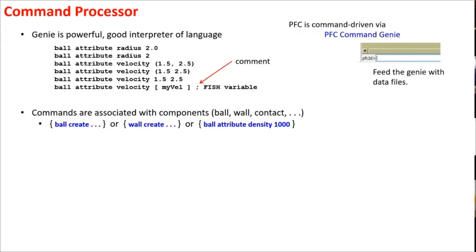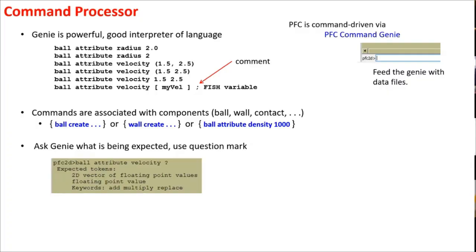We've mentioned this before. The commands are associated with the PFC objects. And this is a useful one. You can ask the command processor what it's expecting. So I can say ball attribute velocity question mark, and it's saying, oh, I'm expecting you to give me the value of the porosity.